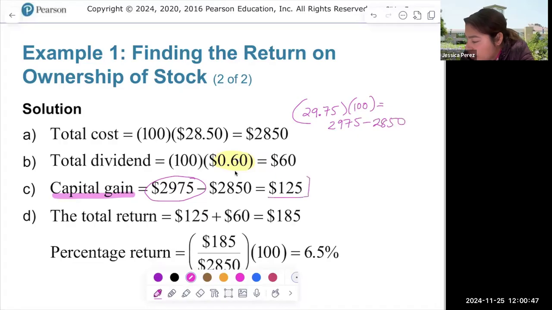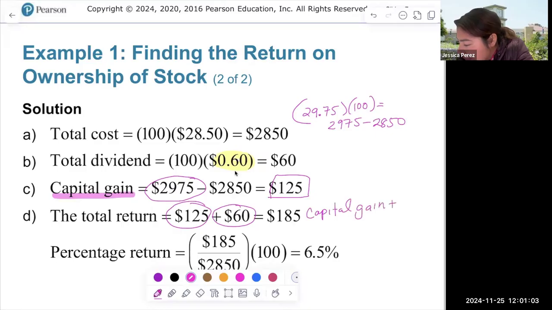So now your total gain is $125. The total return is what you got from profits. Well, you got $125 plus the dividend. So this is going to be the capital gain plus your total dividend.